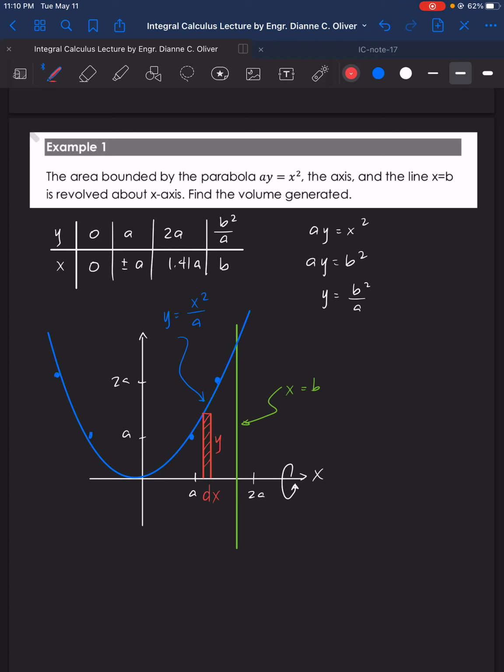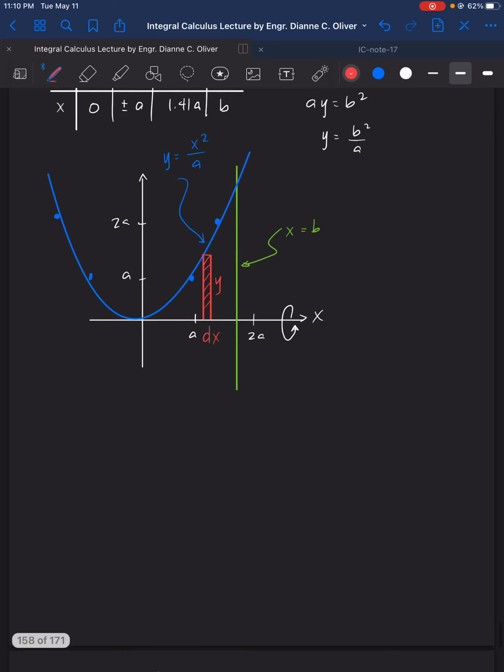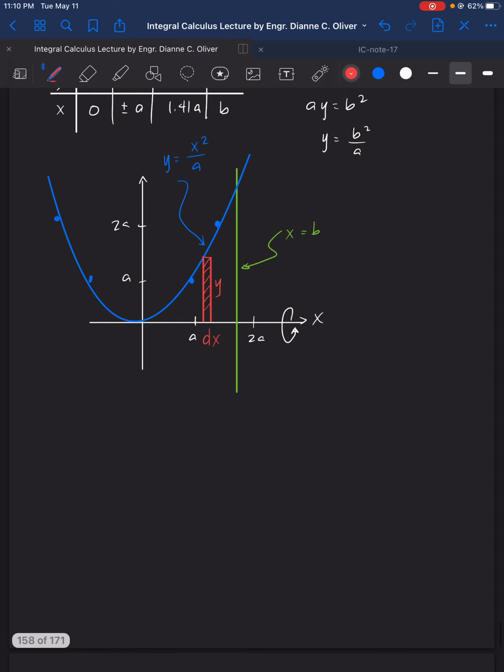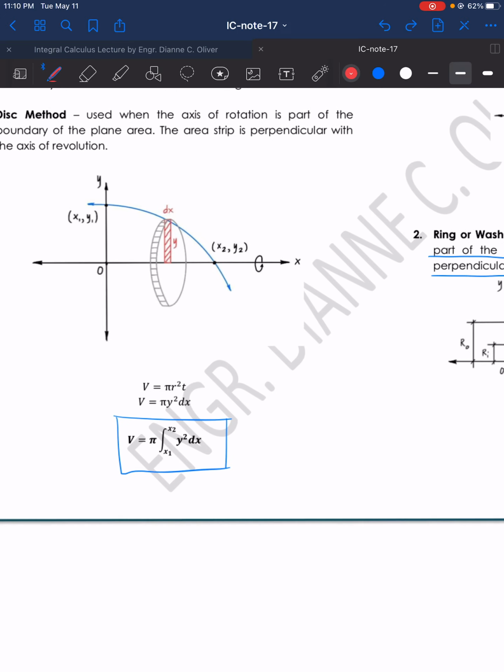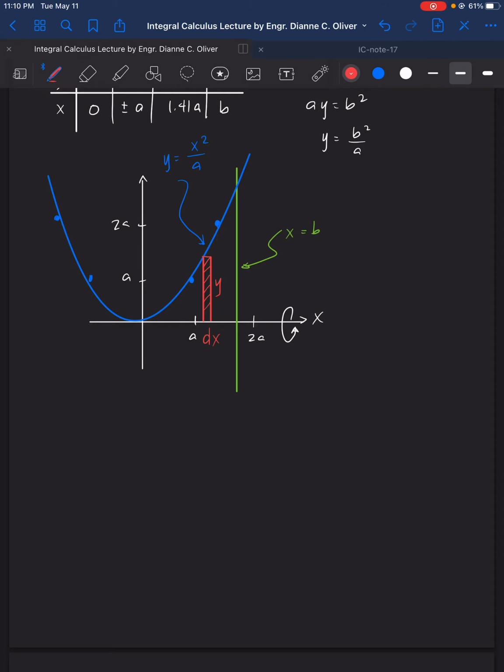Therefore, the method that we will be using is the disc or the coin method, the disc method. Now, what is the formula for the disc method? We have pi integral of y squared dx if we are using the vertical area strip.